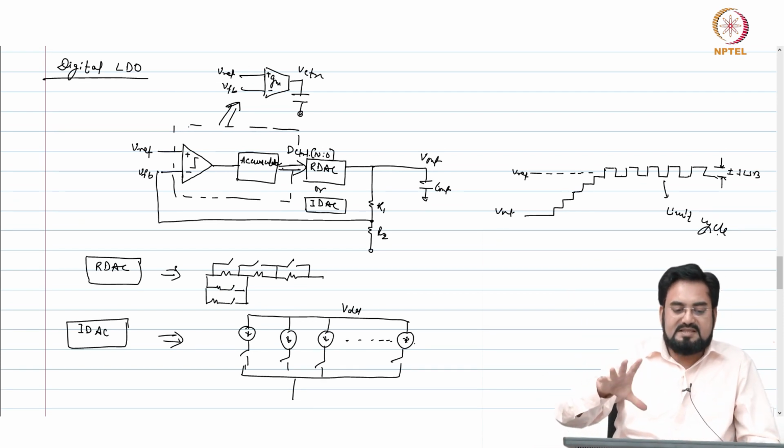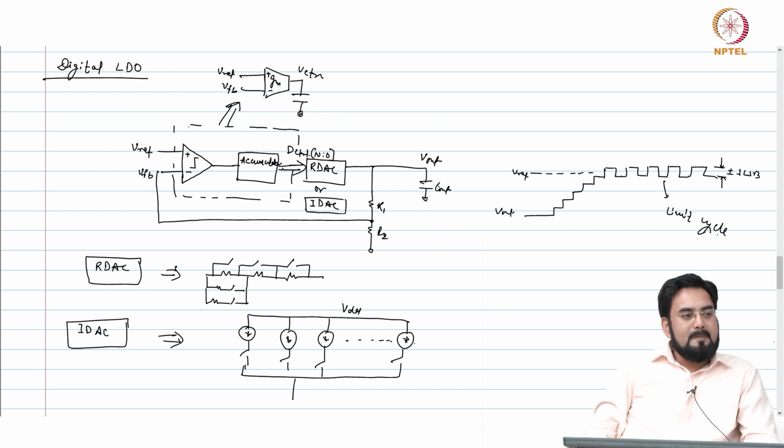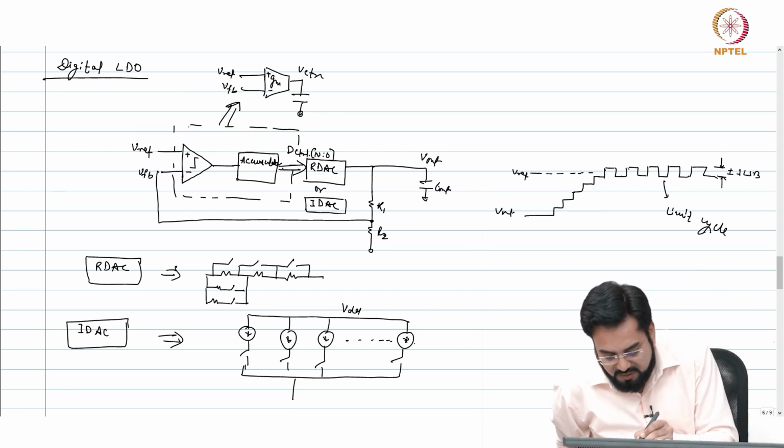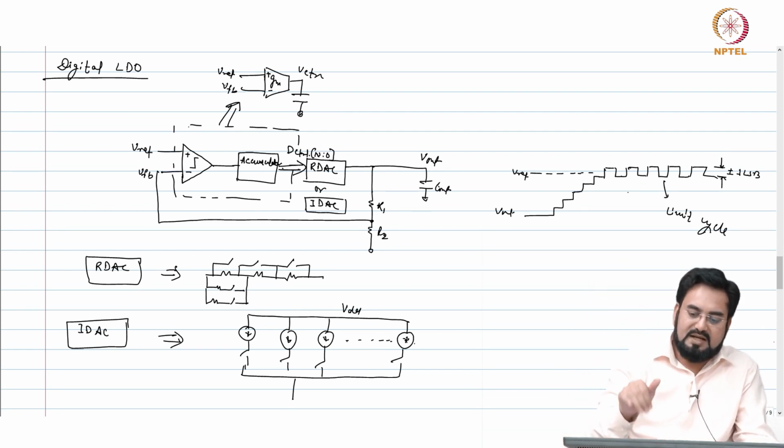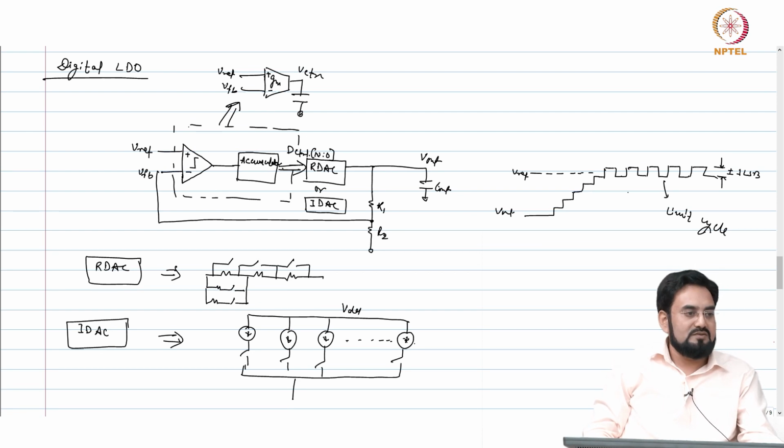And this amplitude increases if you change the loop. This is the best you can achieve here, but in order to get this your bandwidth should be very low. Why?